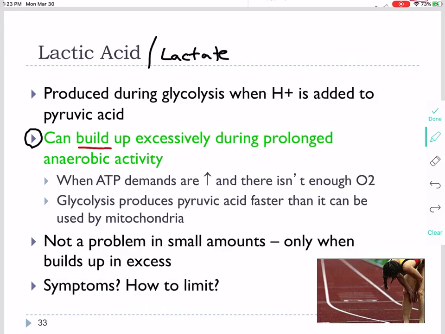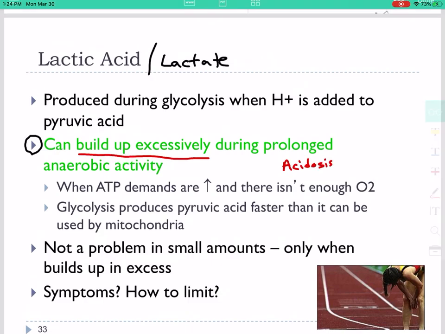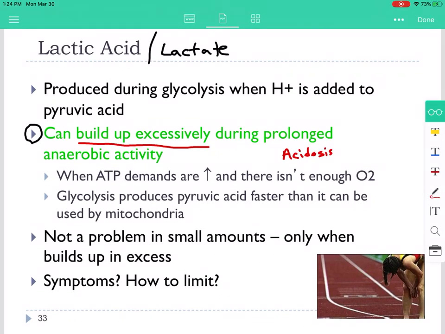However, lactate can become dangerous if it builds up excessively. Some lactate is fine. But if we spend too long in glycolysis, meaning we don't have oxygen to move into the Krebs cycle, we're going to continue to produce lactate, and it can build up excessively. And when it builds up excessively, it can become acidic. Maybe you've heard of lactic acidosis.